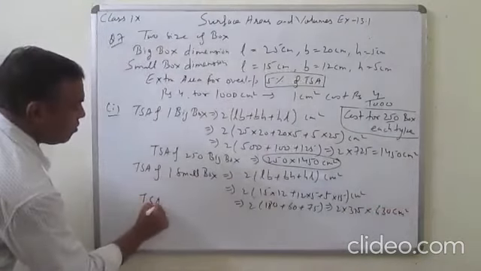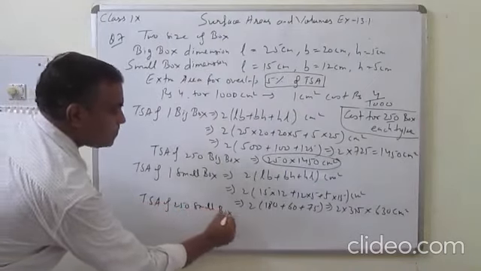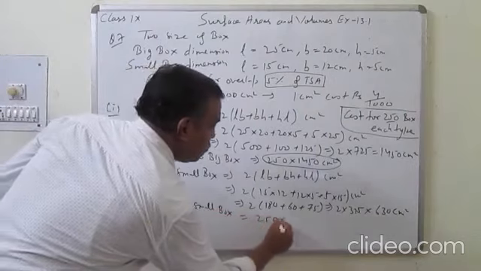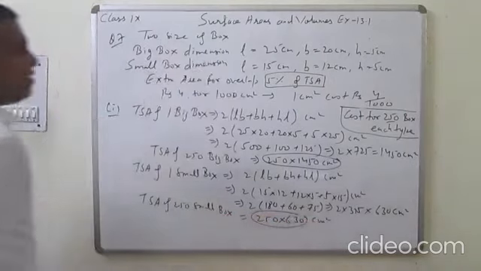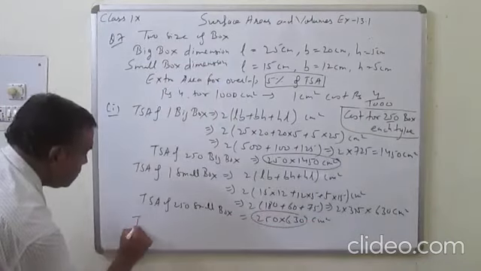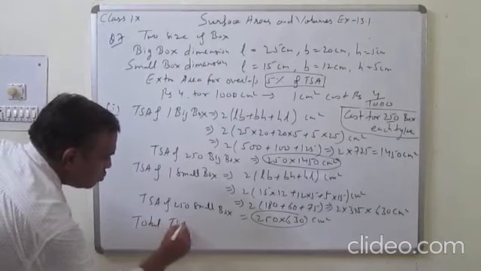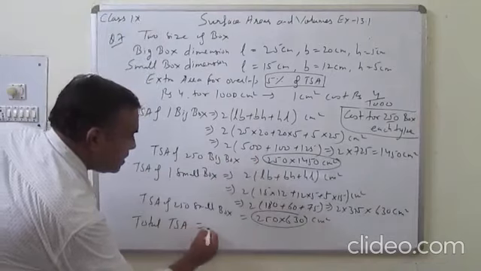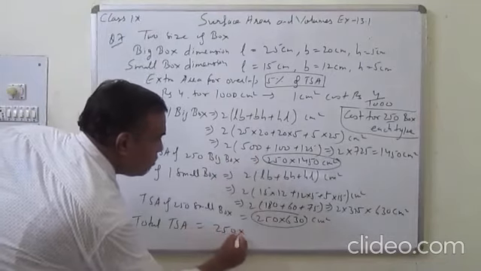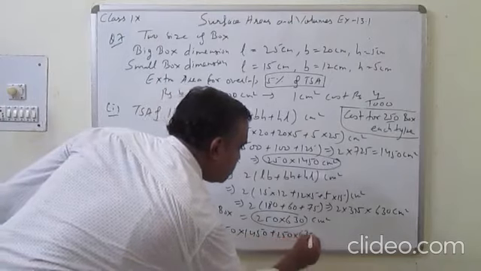So TSA of 250 small boxes will be 250 into 630 centimeter square. Now what is the total TSA? Add both. So total TSA is equal to 250 into 1450 plus 250 into 630.